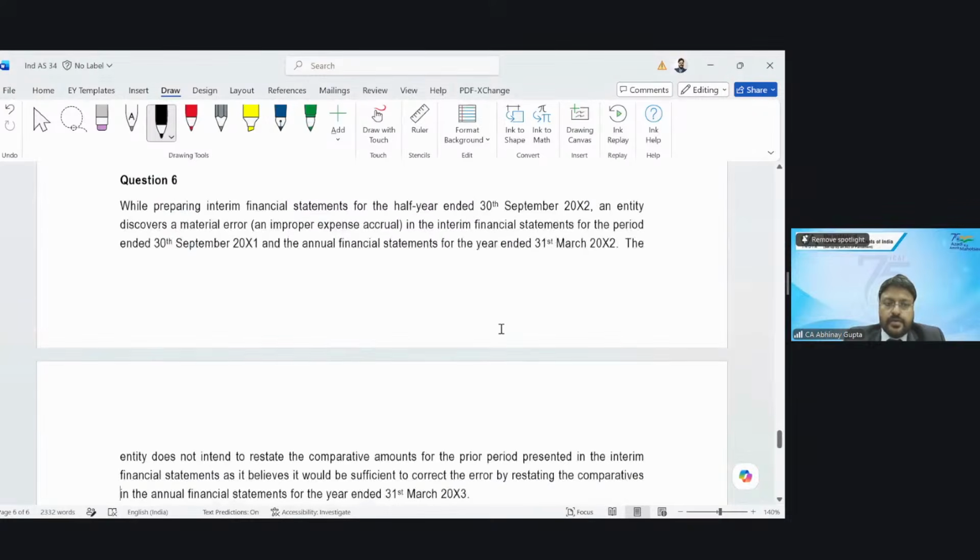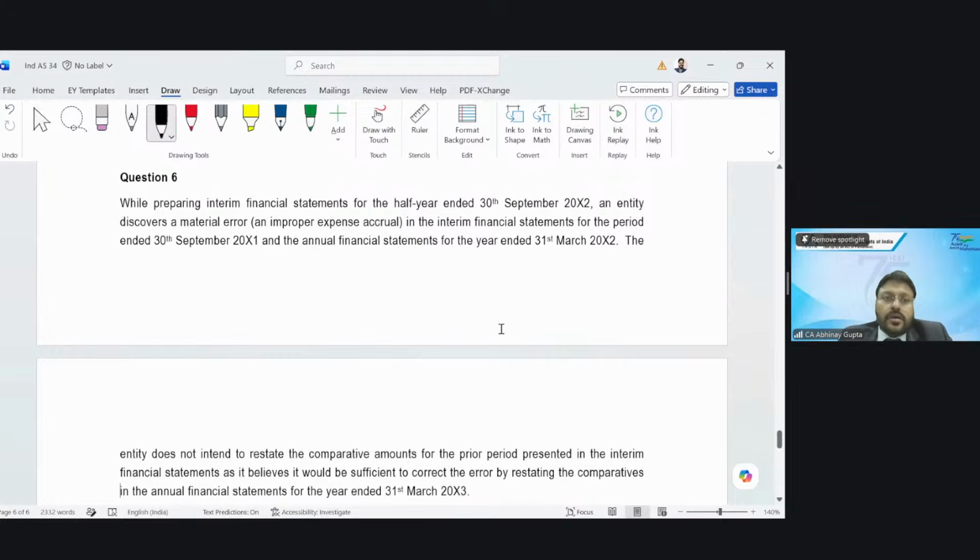Let's try question number 6. While preparing the interim financial statements for the half year ended 30th September 2002, an entity discovers a material error, an improper expense accrual in the interim financial statements for the period ended 30th September 2001 and the annual financial statements for the year ended 31st March 2002.